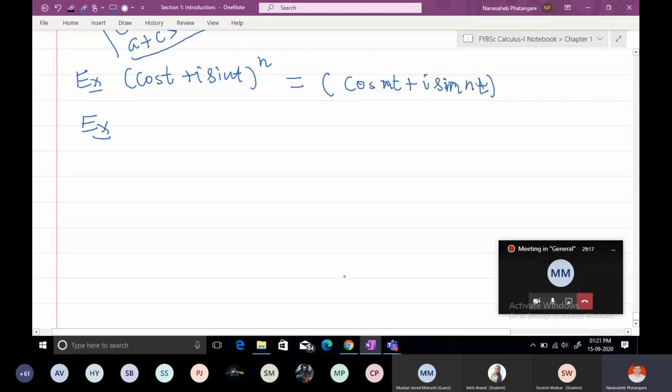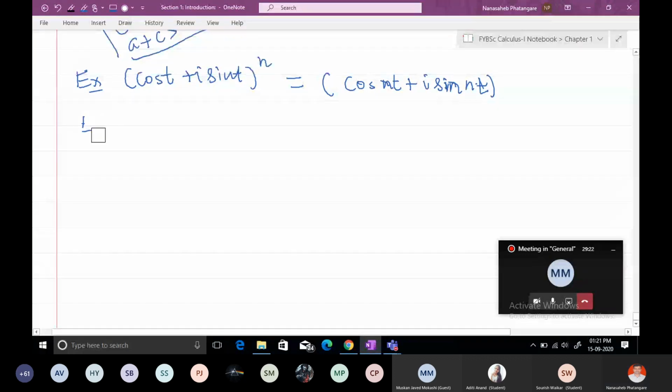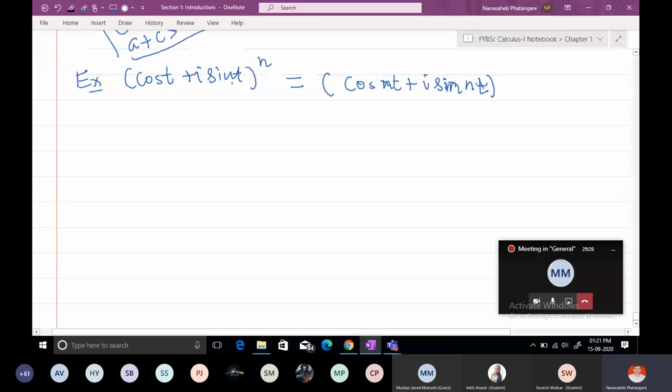Okay, let me erase this. This we are expecting. The n is equal to 1 case is true. It is clear because (cos t plus i sin t) with n equal to 1, and what is the right hand side? cos t plus i sin t, the same. So it is clear. Or assume for k that (cos t plus i sin t) raised to k is cos kt plus i sin kt, right?